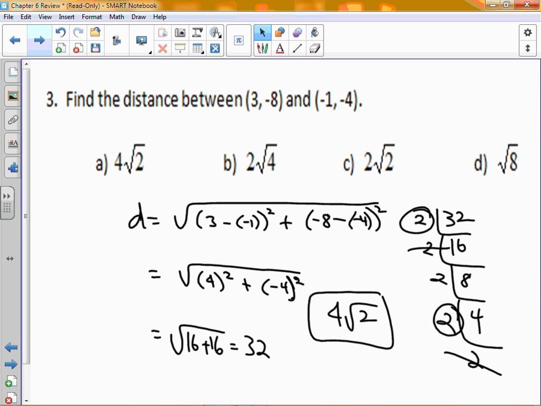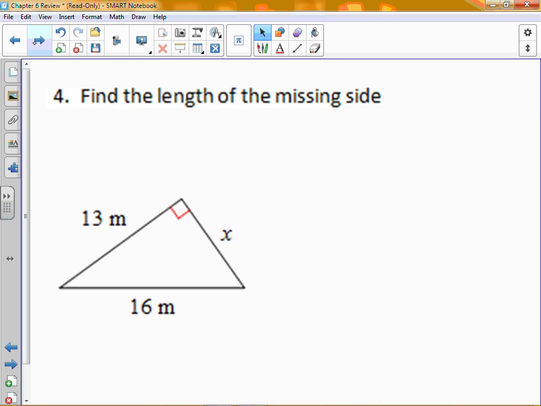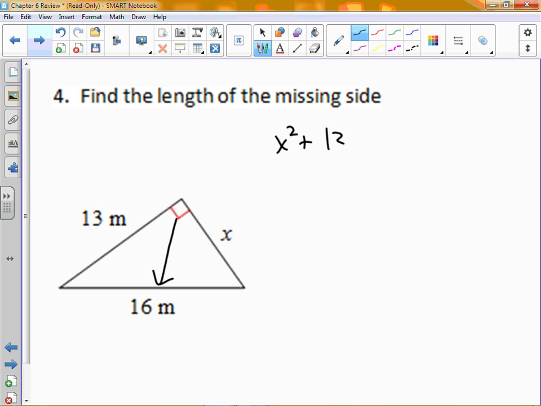Okay, number 3, there's a distance formula problem when you're given the 2 points. Okay, in this one, as this one is not on the video because this is going to be the next part of the video. Okay, in this problem, I drew that little arrow in to show you that 16 is the what? Hypotenuse. So 16 is the one that's squared.